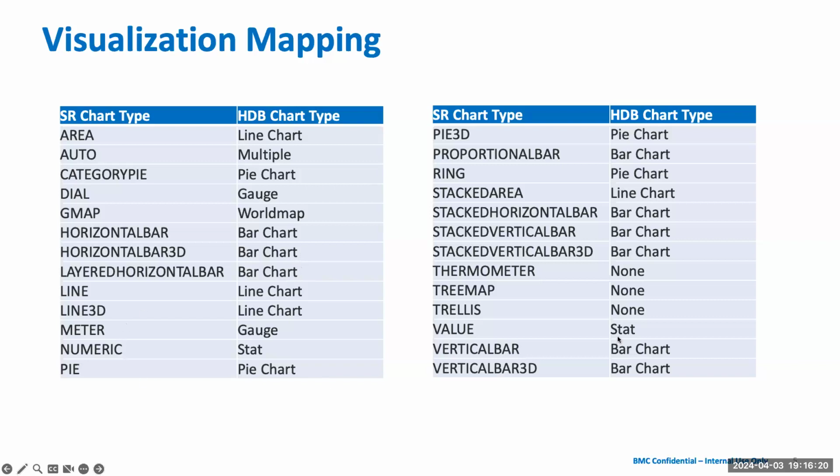But in some cases, like thermometer, there's nothing corresponding to that in the Helix dashboard world. So that cannot be supported by the tool, and there will be some other cases. Now, this list is always evolving, so I highly recommend looking at the latest dashboard documentation to find out the latest mapping and chart types.